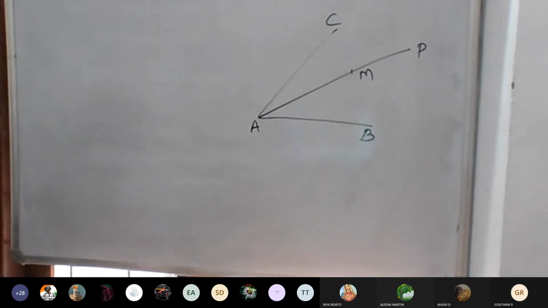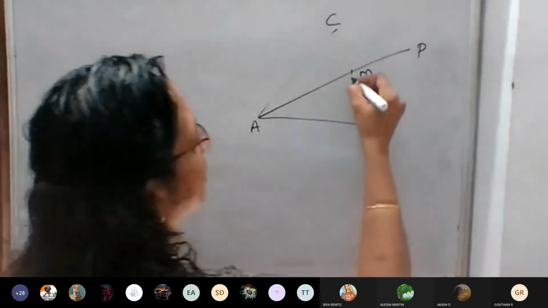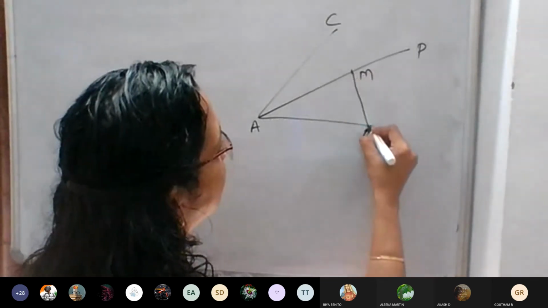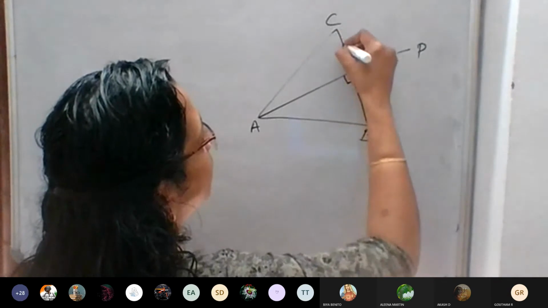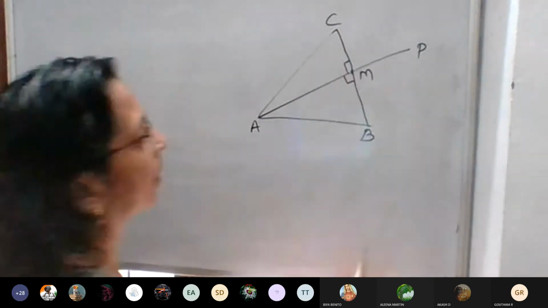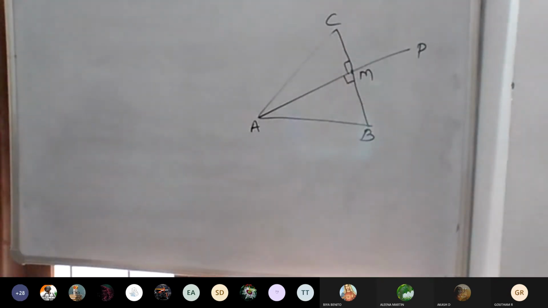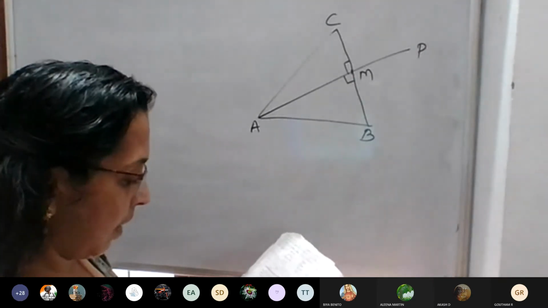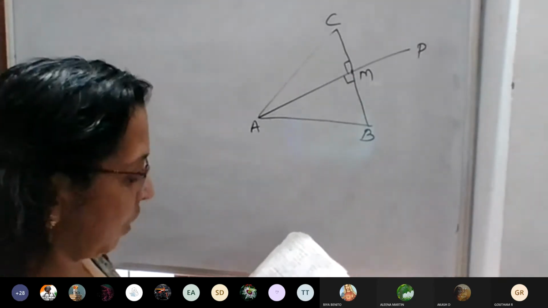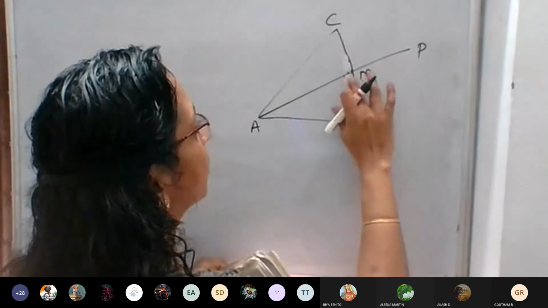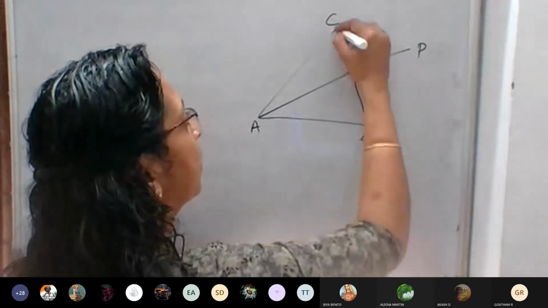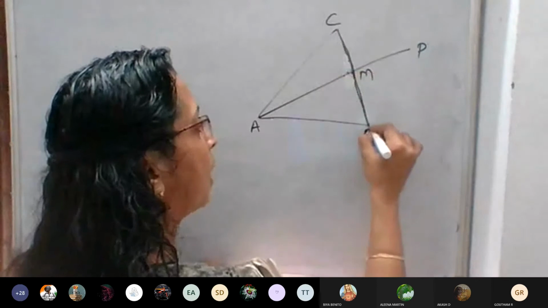So we have to draw a perpendicular now. The perpendiculars drawn from M to AB and AC are equal. This one is a perpendicular, and this also is a perpendicular. Perpendiculars drawn from M to AB and AC.